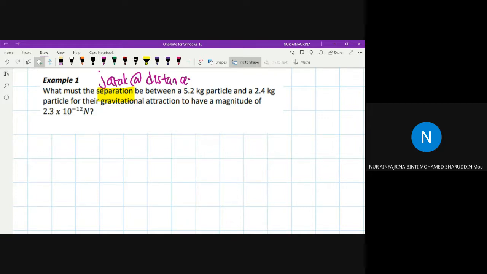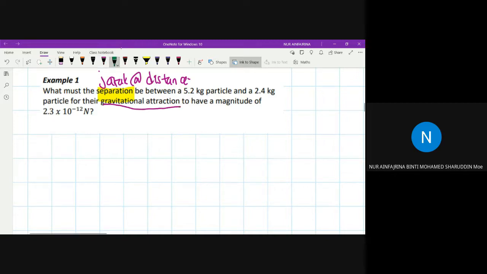Okay guys, let's discuss. Okay, dia cakap what must the separation be between a 5.2 kg particle and a 2.5 kg particle for the gravitational attraction to have a magnitude of 2.3 times 10 to the power of negative 12 Newton. So when we are talking about gravitational attraction, dia adalah apa sebenarnya? What is gravitational attraction?